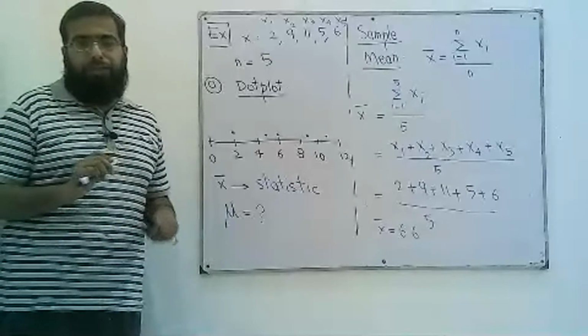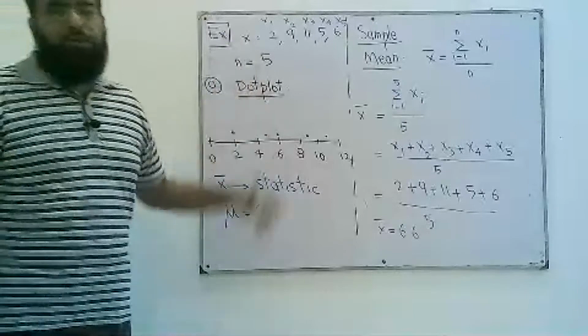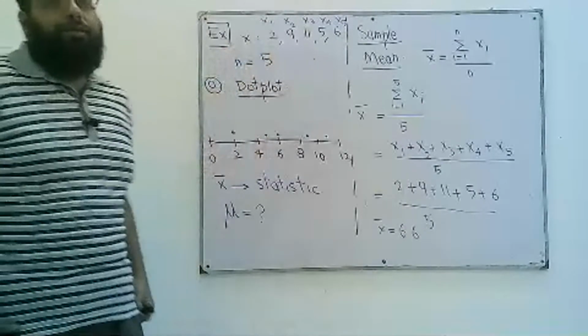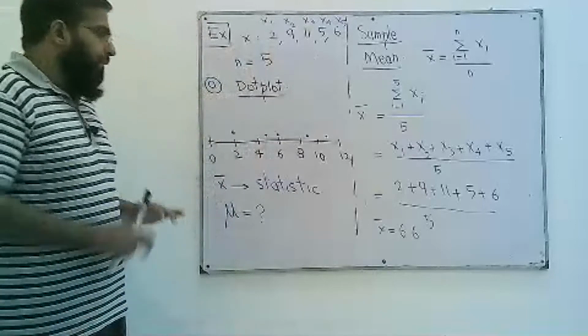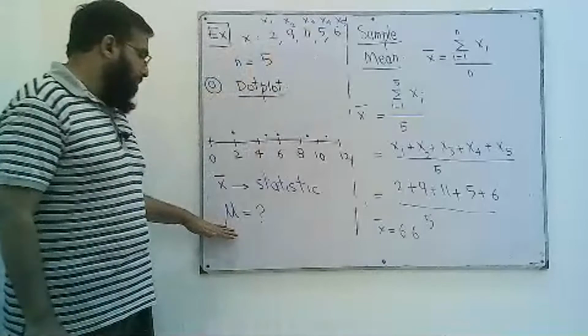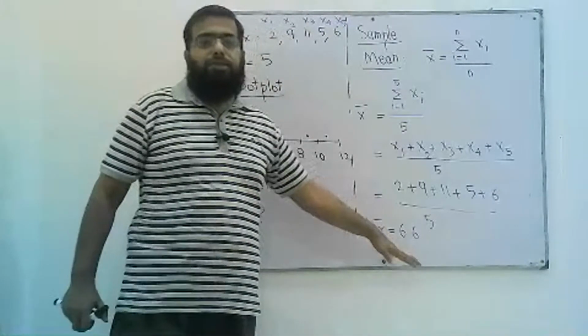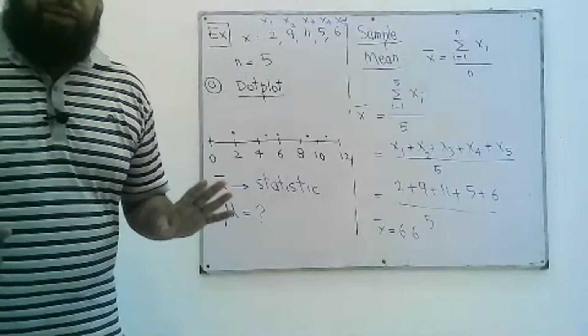Oh, that is difficult. How would you find mu of the large amount of data for which this is a small sample or a subset? Well, we don't have any better idea to guess the mean of the population than this. This is perhaps the best guess available on the data we have.